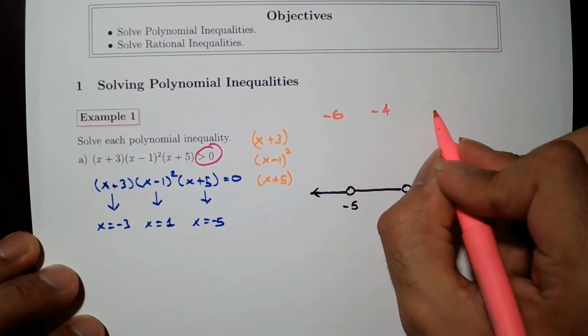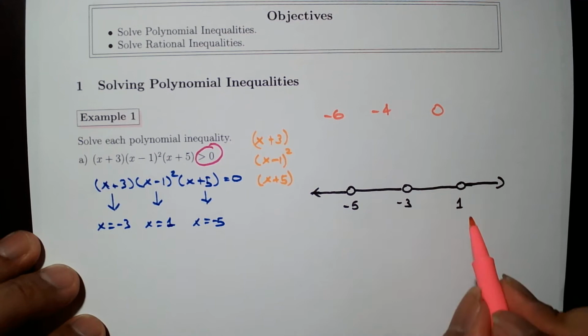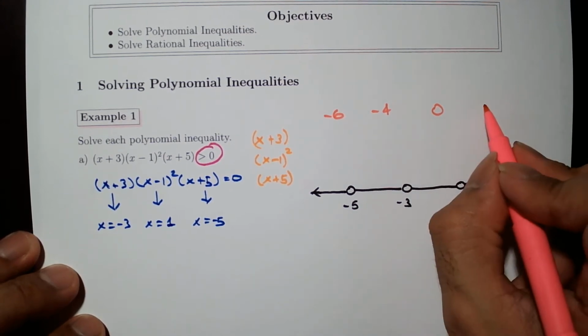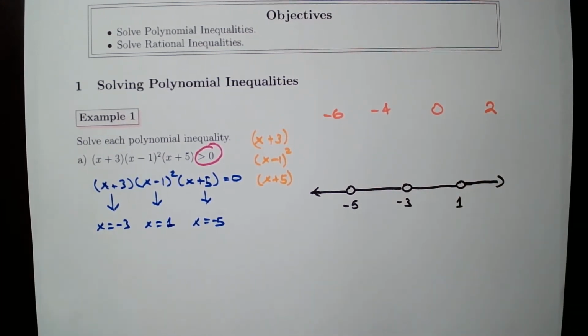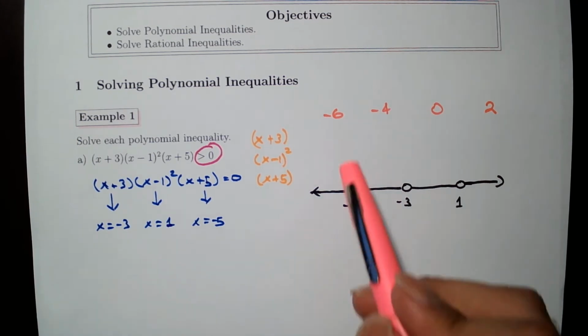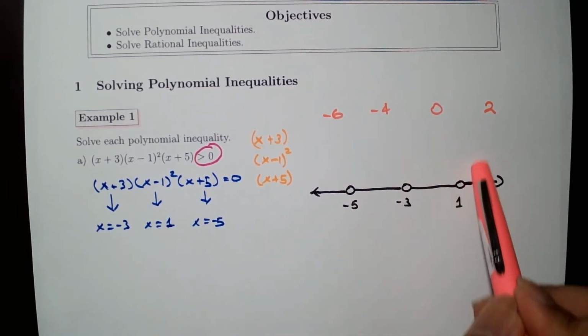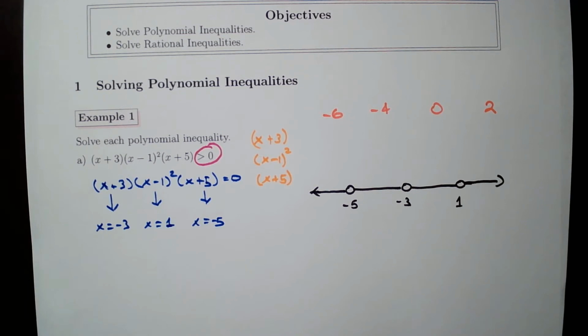Between negative 3 and 1, the easiest is 0. And between 1 and positive infinity, I will just use 2. Now I'm going to put the corresponding signs, and at the end I'm going to multiply the columns of the signs.